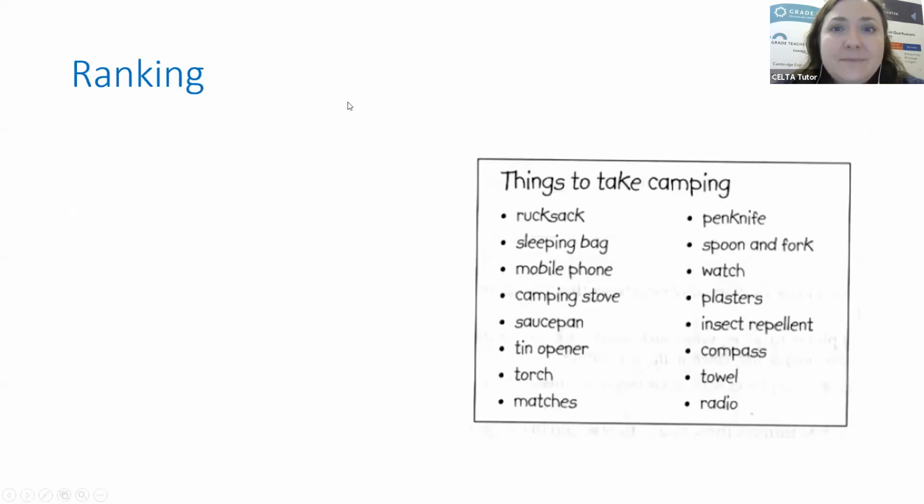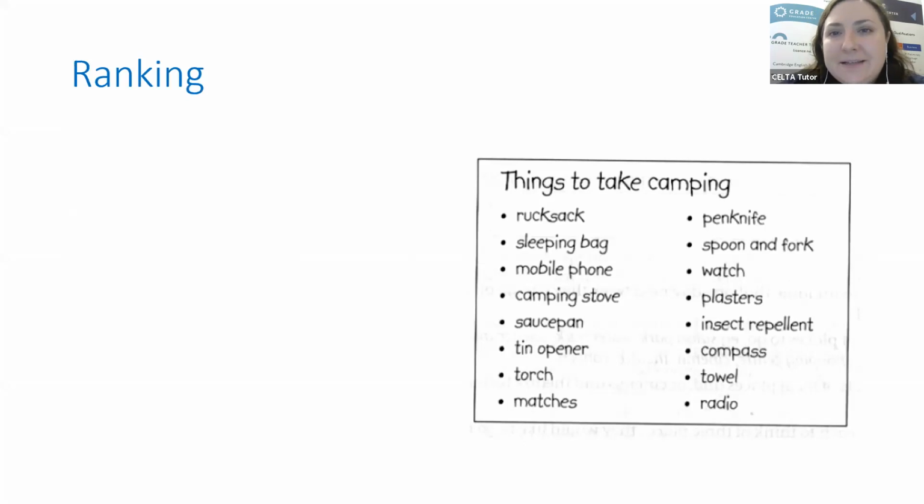Moving on. Another activity I wanted to show you is ranking. When we're talking about ranking, we're talking about deciding, for example, what is more important, what is less important. We can rank according to price, according to our likes, according to whatever. So ranking is putting into order, any order that we like.